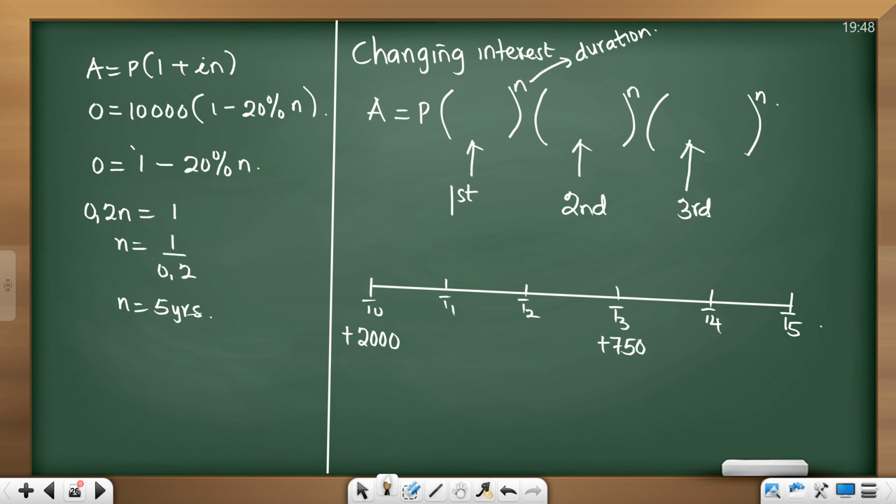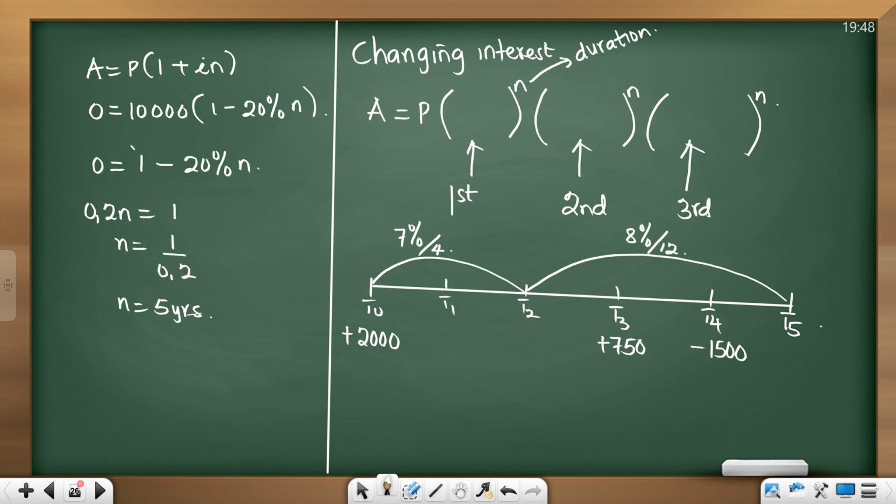And in the fourth year, this person withdrew 1,005. You see, I'm putting a minus because I'm saying withdrawal. The interest for the first 2 years, let's say it was 7% compounded quarterly, means we divide by what? And for the remaining 3 years, interest is 8% compounded monthly.